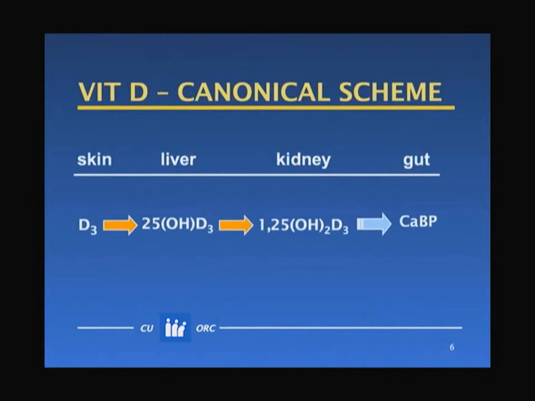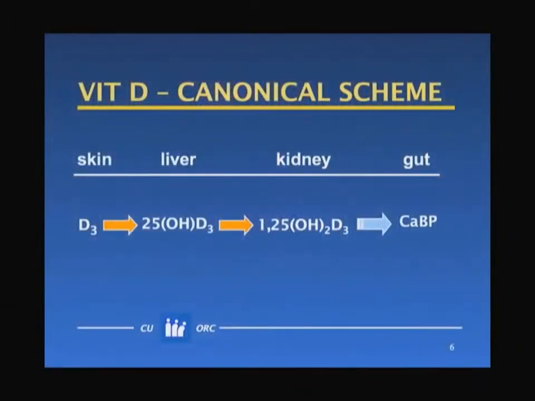Now, the canonical scheme for vitamin D is that the D is made in the skin, it's 25-hydroxylated in the liver, it's subsequently hydroxylated at the one position in the kidney, and that product circulates in the bloodstream and goes to the intestine, where it stimulates the formation of the proteins that are important for the active transport of calcium from our food into our bloodstream.